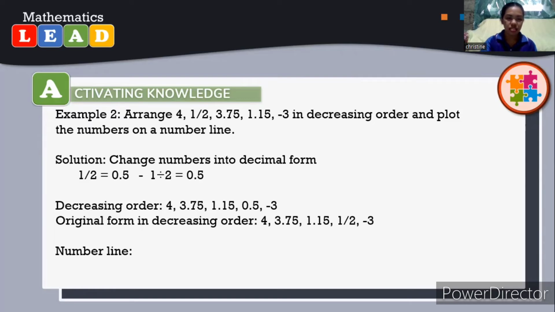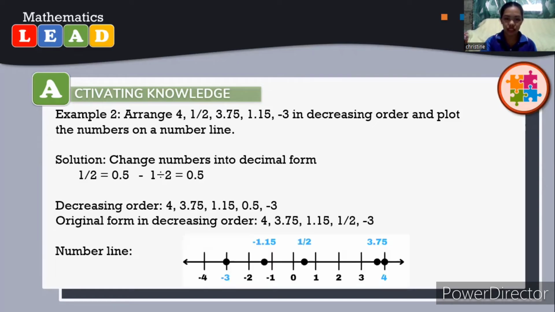And their decreasing order will be 4, 3.75, 1.15, 0.5, and negative 3. In their original form, the decreasing order will be 4, 3.75, 1.15, 1/2, and negative 3. And when we plot them on a number line, it will be like this. And that's the end of our discussion.